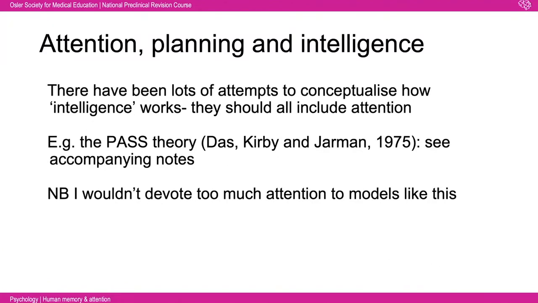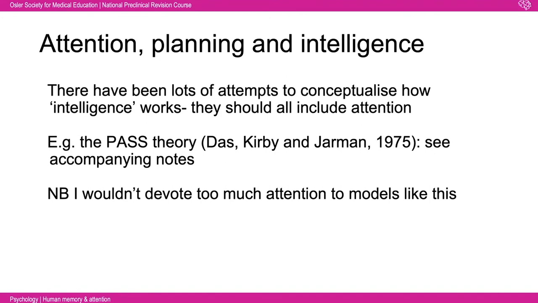So your syllabus notes attention, planning, and intelligence. There's been lots of attempts to conceptualize the notion of intelligence, and they should all ultimately include attention, because based on our definition of attention, it would be pretty hard to have any sort of real higher function without some degree of attention, because the brain wouldn't know which stimuli or which thoughts to pay attention to.